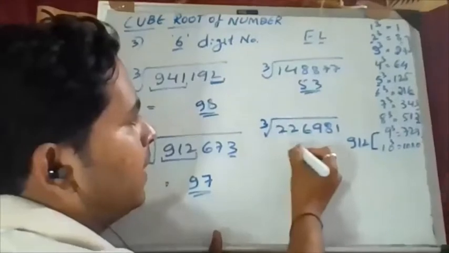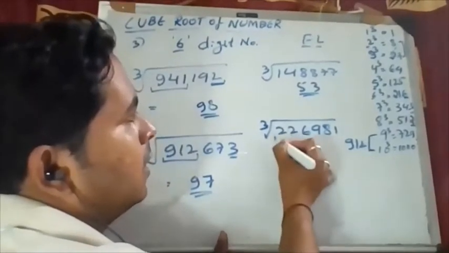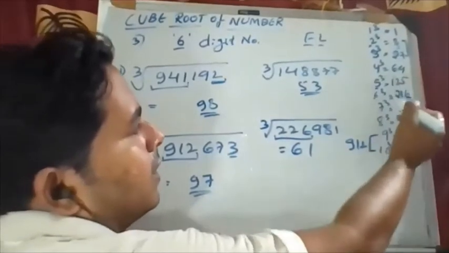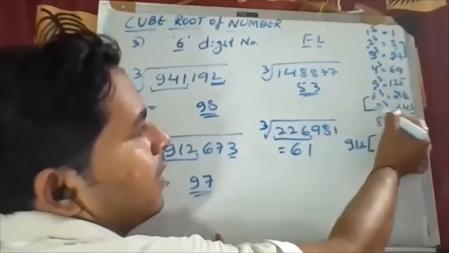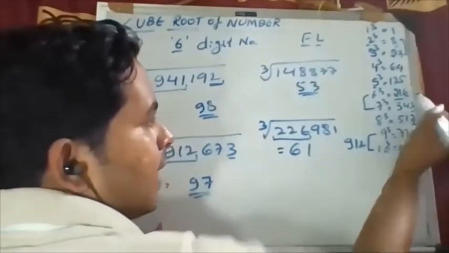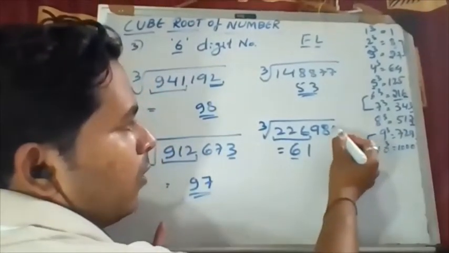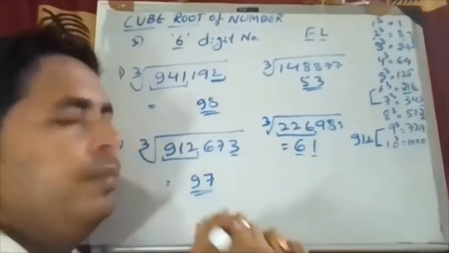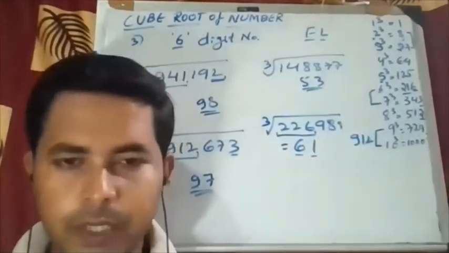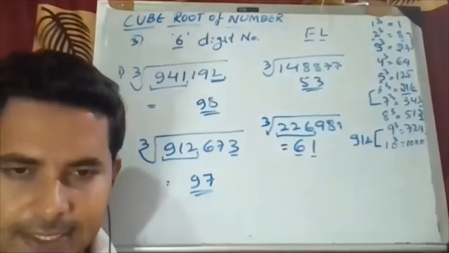Your value will be 61, because 226 lies between 6 and 7. Lies between 6 and 7, so what is the smallest number? 6. So that is the first digit, and 1 will come as 1 only in the unit place. So your answer will be 61. I hope you understood how to find the cube root of a 6-digit number.